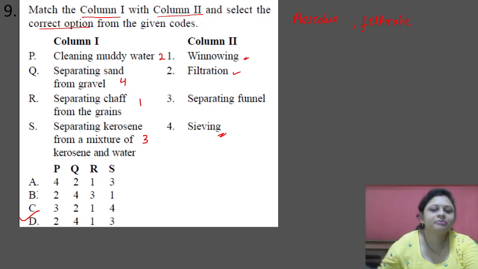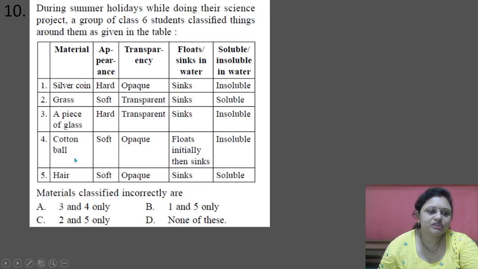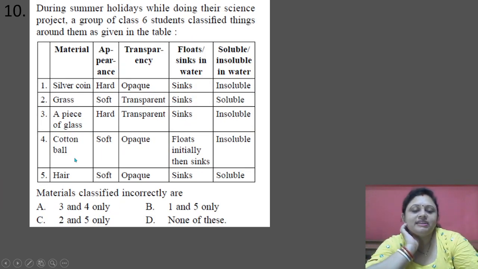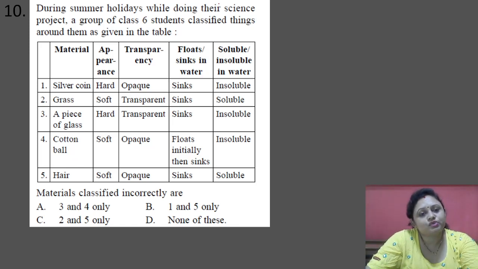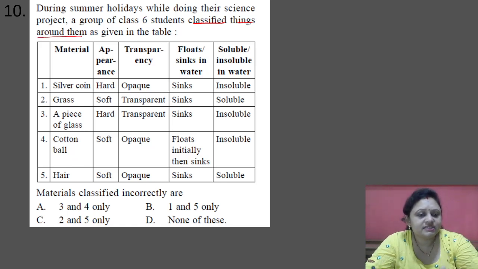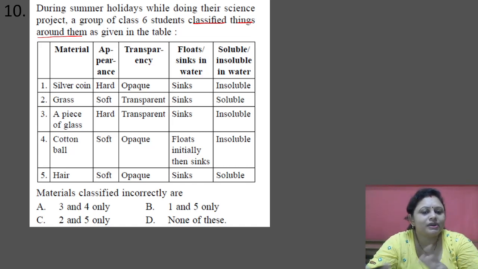Got it, everyone? So coming to the next question: during summer holidays, while doing their science project, a group of class 6 students classified things around them as given in the table. The materials are silver coin, grass, a piece of glass, cotton ball, and hair, and the table lists appearance, transparency, floats or sinks in water, and soluble or insoluble in water.